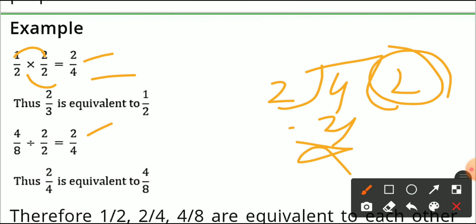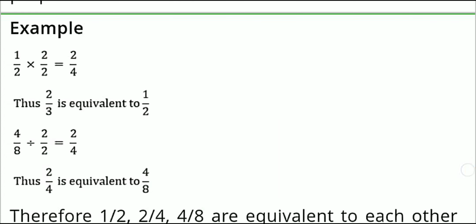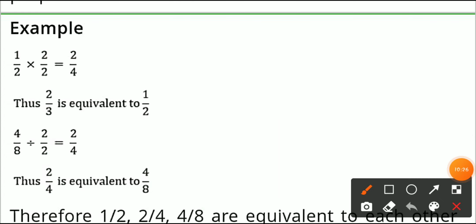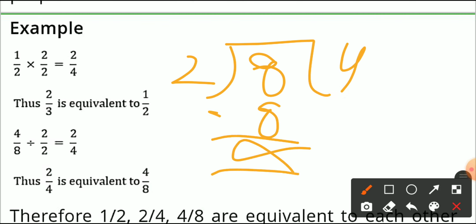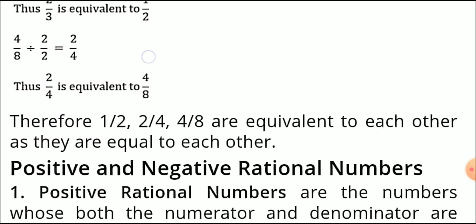Similarly, 8 divided by 2, 2 fours are 8, so the answer is 4. So 2 upon 4 is equivalent to 4 upon 8, and these are the equivalent forms of 1 by 2: 2 by 4 and 4 by 8. They all are equivalent to each other.